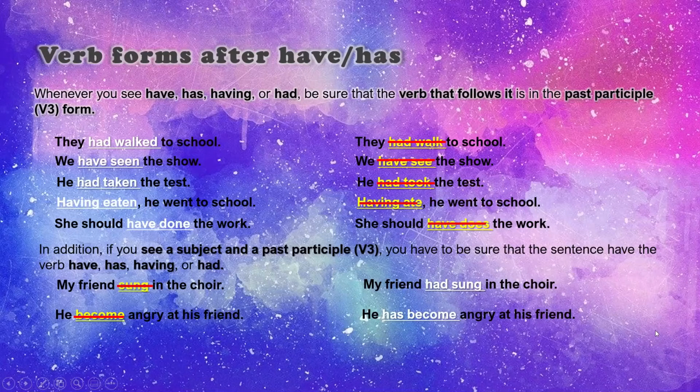So this one is not correct. And this one is the correct one: "He has become angry." And also this one, there is no have or has or had or having, so this is the wrong one. And this is the correct one. Remember, if you find a subject and a verb 3, there should be have, has, had, or having between them.